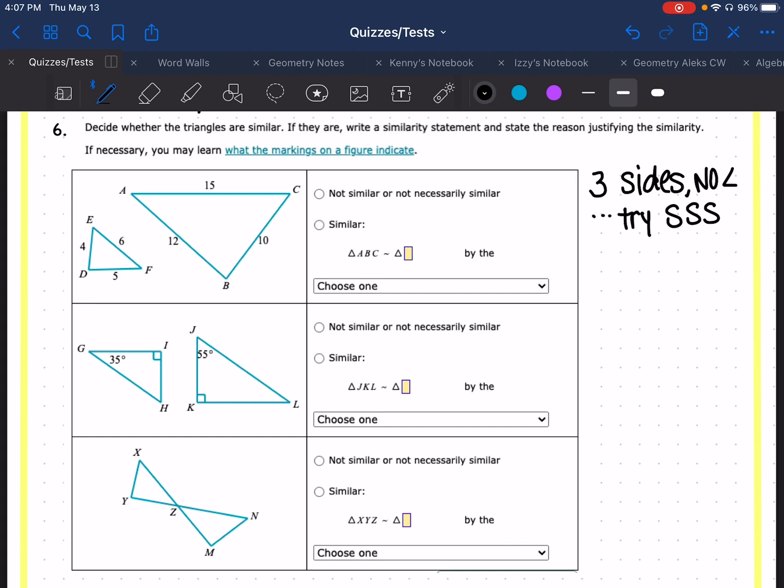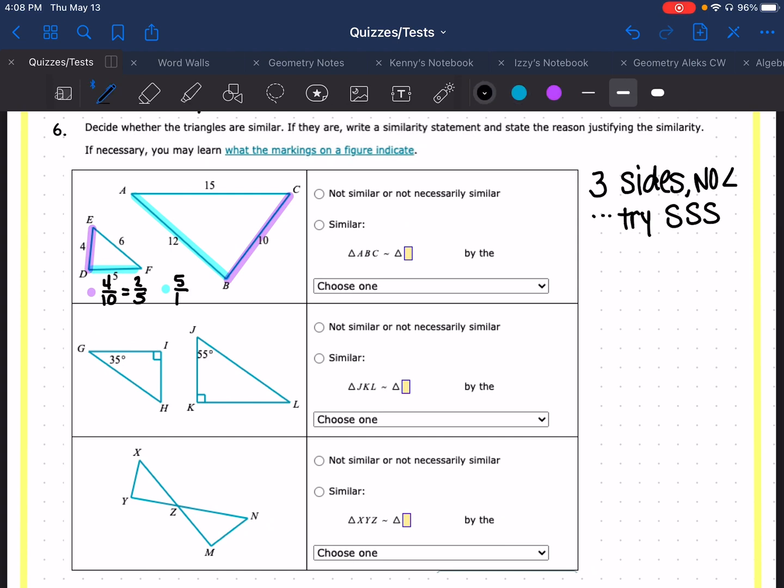When I try side, side, side, remember I'm going to make my 3 fractions. So I'm going to say the smallest side to the smallest side, and I'm going to make that into a fraction. So let's go ahead and do that. 4 over 10 would reduce to 2 over 5. Then I'm going to grab the middle numbers, which would be 5 and 12, and make them into a fraction.